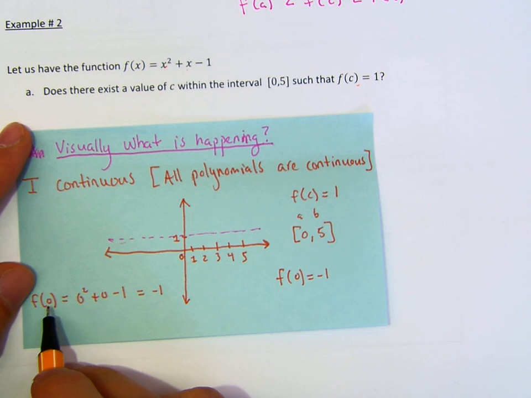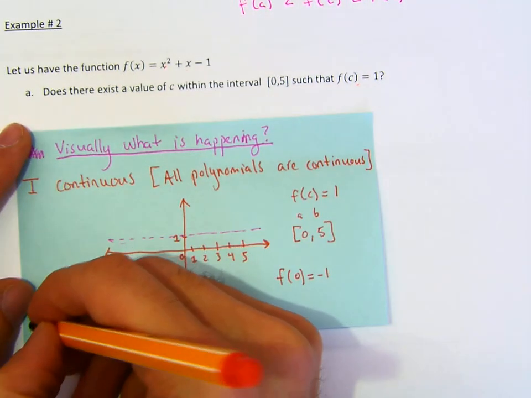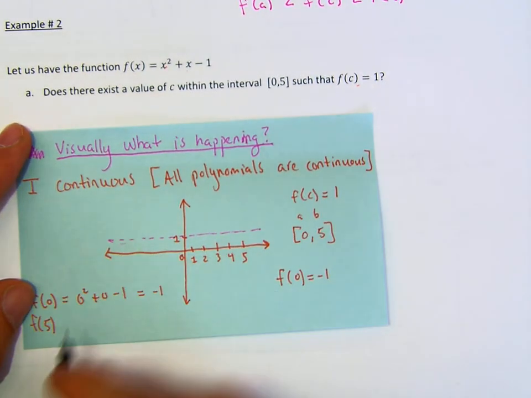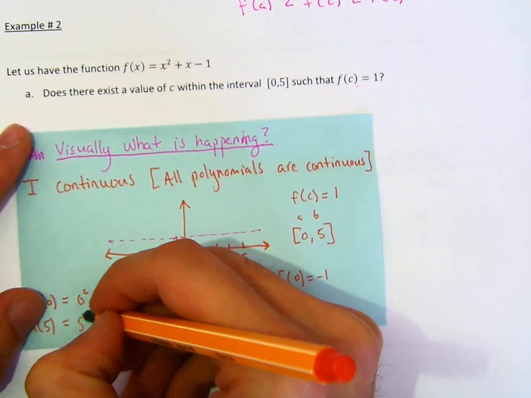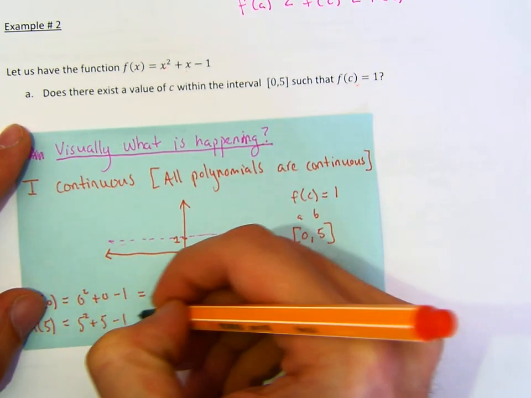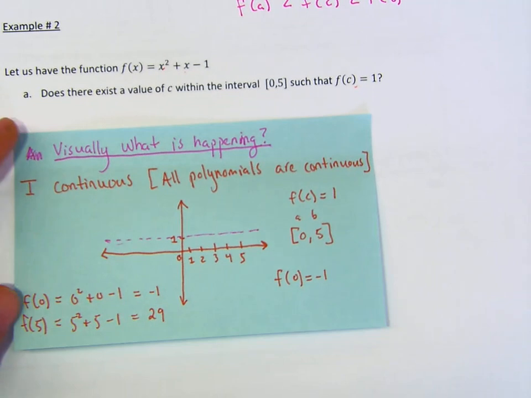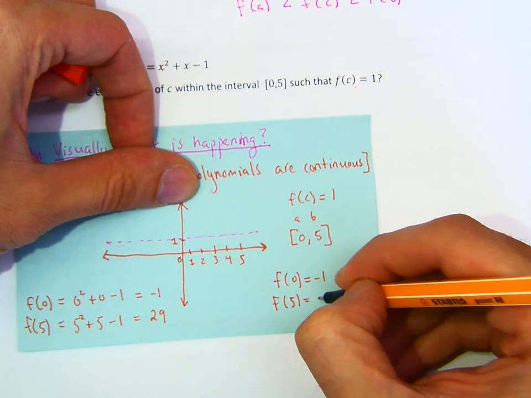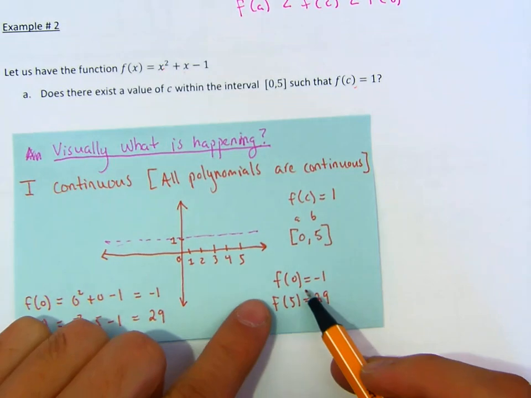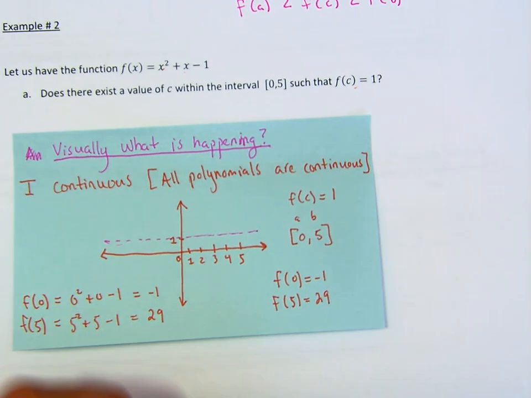And what about over here, f(5)? We're putting 5 into this, so it's 5 squared plus 5 minus 1, and that's equal to 29. So if f(5) equals 29, where are these two points?